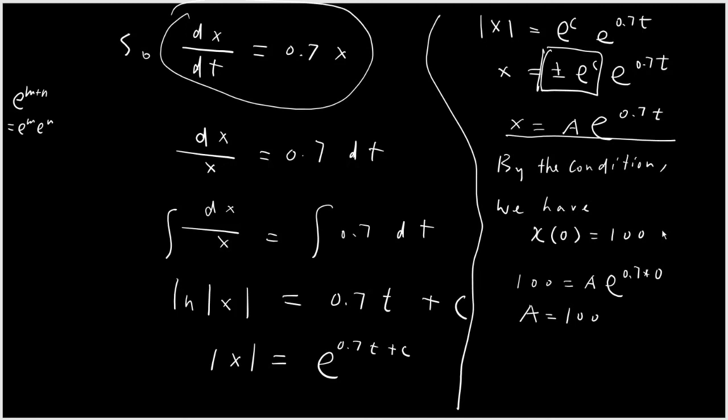Now we are ready to have the answer to question A. Thus x of t equals 100 times e to the power of 0.7t. I write x of t to mean x is a function of t. The population size is changing in terms of time t. So that's the answer to question A.